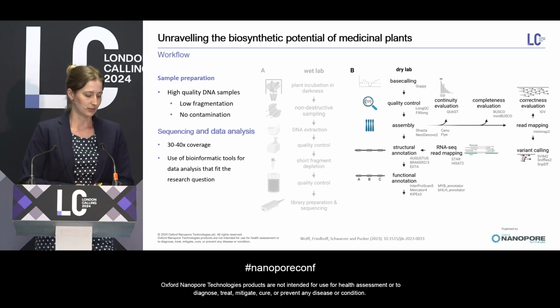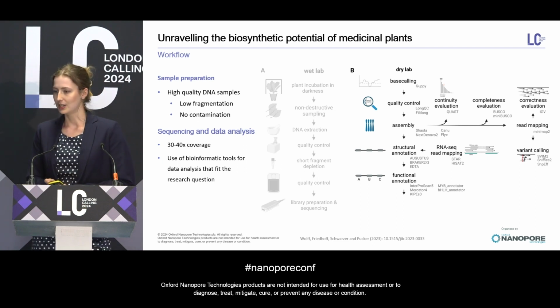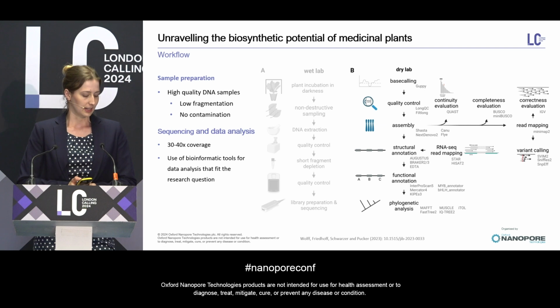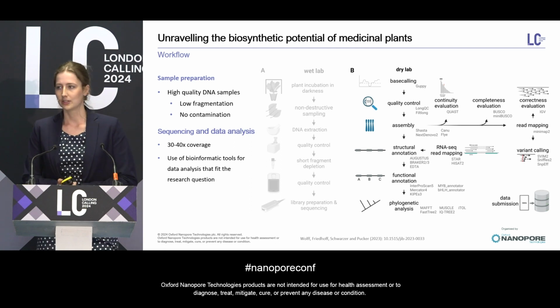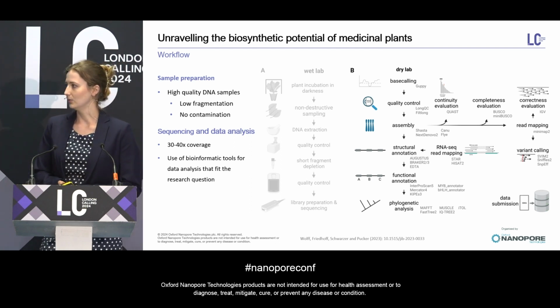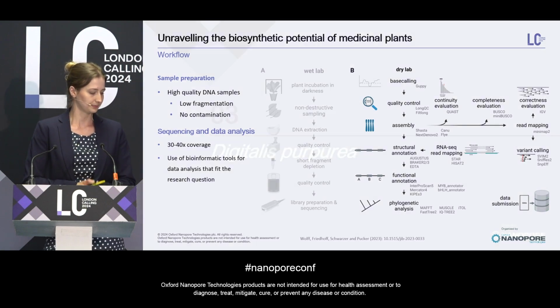For example, we like to use KIPES3, the MIP annotator, or BHLH annotator, which were all developed in our lab or in cooperation with our lab. And then when we do phylogenetic analyses, afterwards we submit the data open source so that everybody can have access to the genome sequences that we have produced.